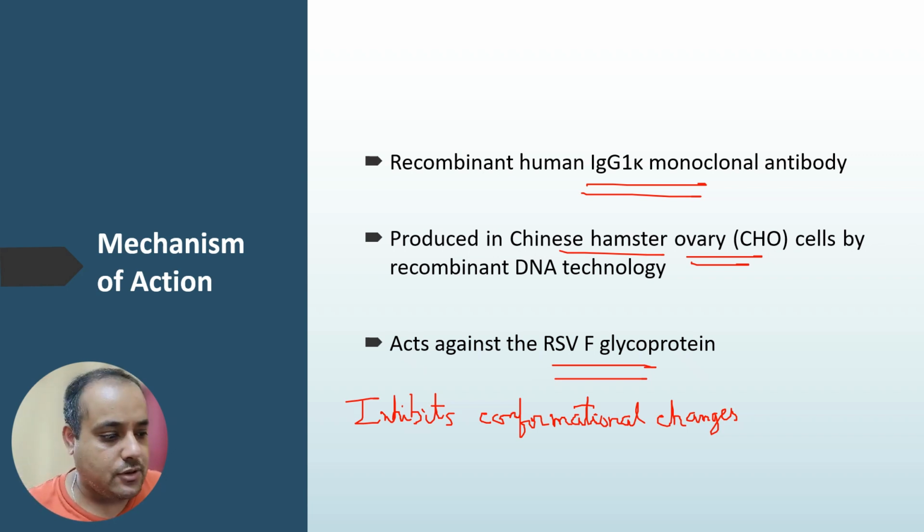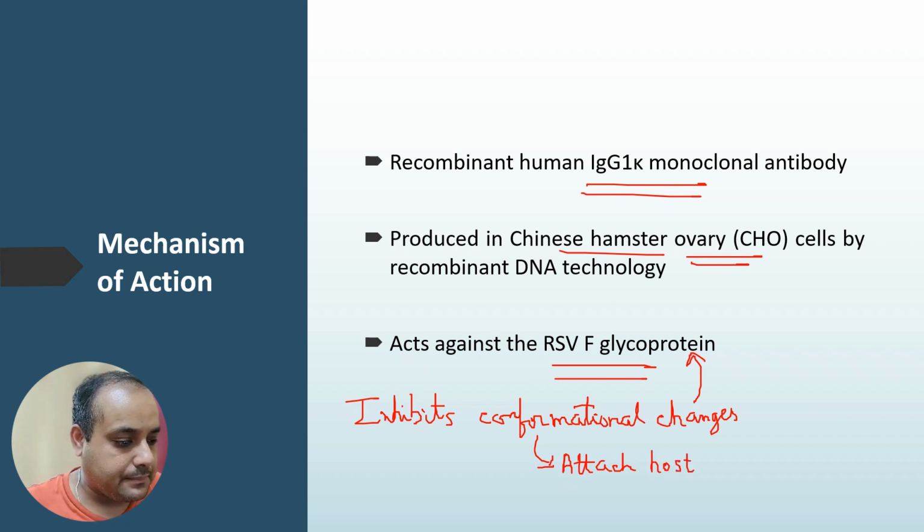Conformational changes of this F glycoprotein. It is going to inhibit that. And why is this conformational change important? Because only after the conformational change will the virus be able to fuse itself to the host cell membrane. That is, this conformational change actually helps the virus to attach to the host cell membrane.